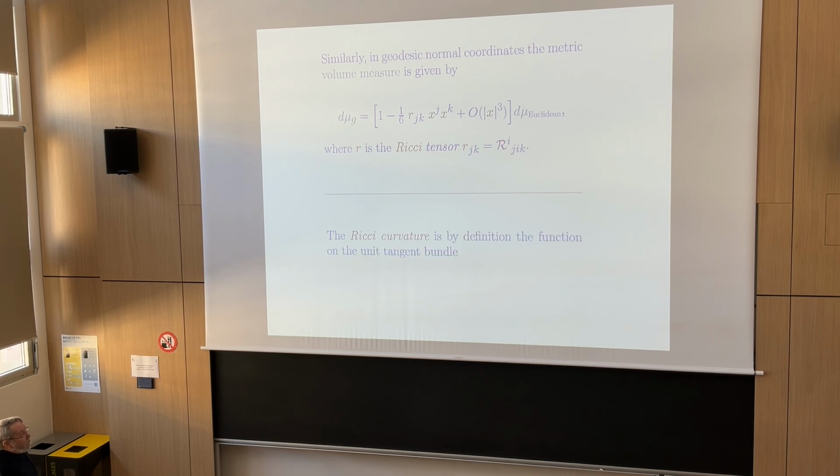All right, so the Ricci curvature is by definition a function on the unit tangent bundle. So on the set of tangent vectors on the manifold of unit length, one can look at the function which takes any unit vector to the number given by contracting two copies of it with the Ricci tensor.